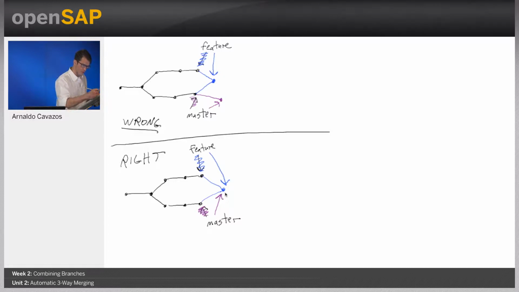Now you perform the bug fix, and when you perform the bug fix on the master branch, it includes the feature. Okay. So now we see how this works and how you should do a bug fix like that.